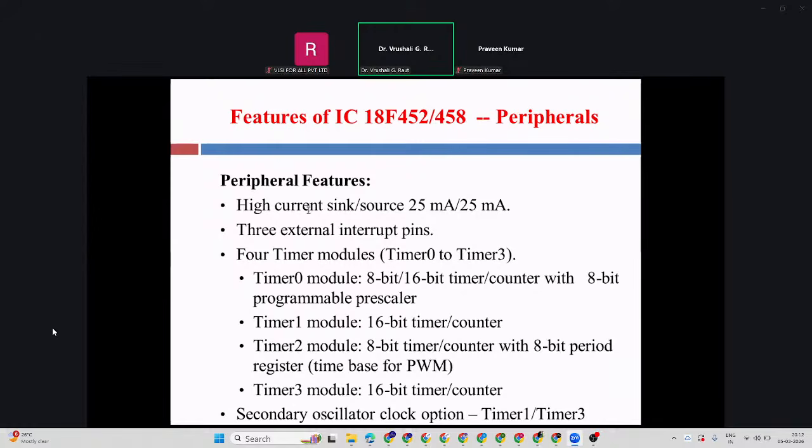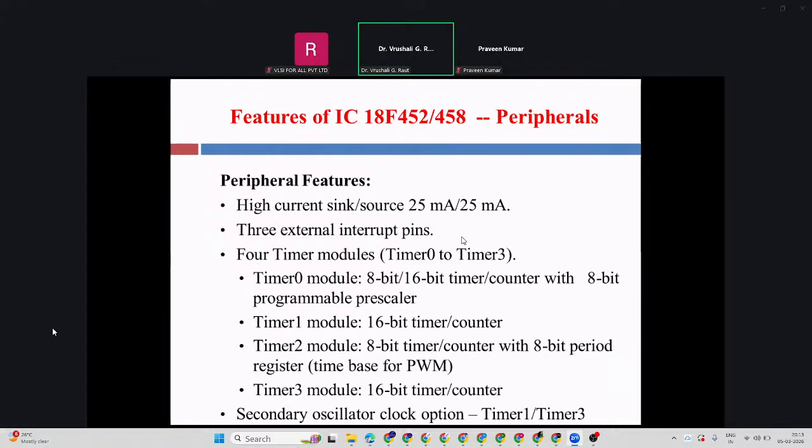The first one is high current sink or source. It means when you are configuring your microcontroller pin as input, your pin becomes an IN pin, instead of I/O. So you are sinking the current in that case, right? So how much current can you sink from that circuit? 25 milliampere current you can sink.